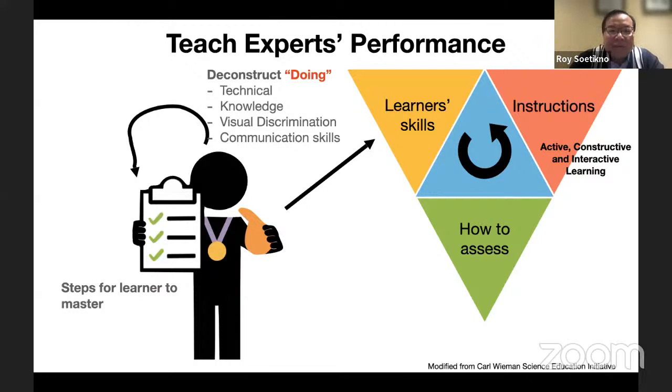Just be very careful to create the step by step. But knowledge, here the doing of knowledge means that we need to deconstruct the decision making that the expert is doing. So that is a little bit trickier. We don't have time to go through it all, but at one point we should talk about that.